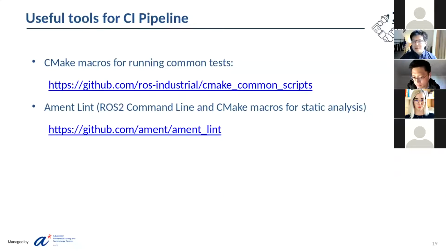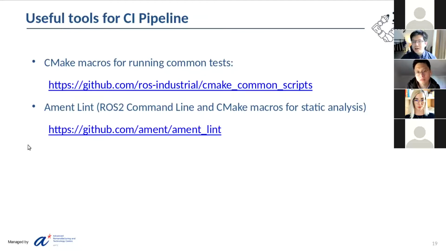So here are also some useful tools for CI pipelines, mainly on the static analysis side. With static analysis, you can check whether your code is formatted properly and whether there are any glaring mistakes, even without actually running the code. You can also check whether you have copyright statements before your code or inside your packages.